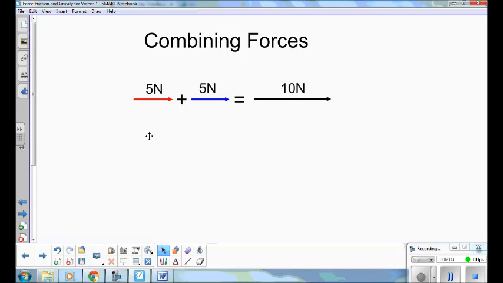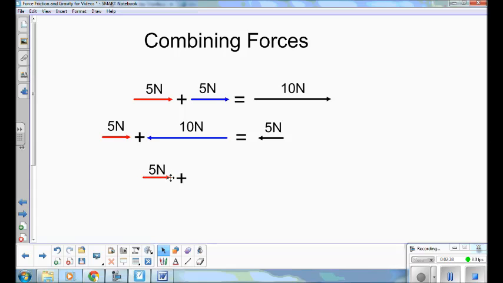Let's say, for example, we have a 10 Newton force going the opposite direction, and we want to add it to a 5 Newton force going this way. We're literally going to add the magnitude of these forces, and you'll see that we end up with 5 newtons going the same direction as the stronger force, or the force with the greater magnitude.